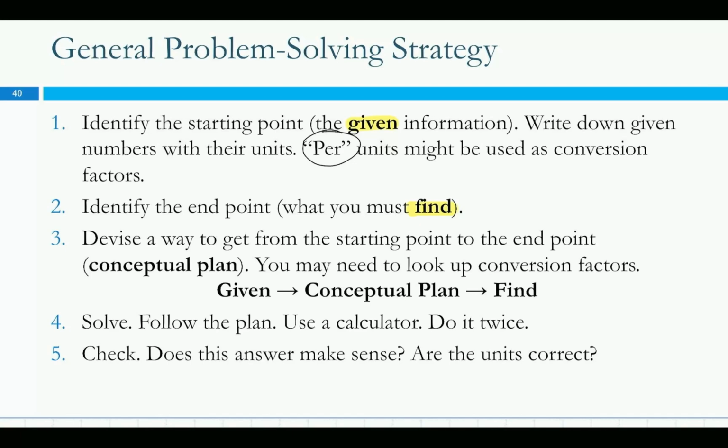This last one: does the answer make sense? If I'm asking you how many grams are in 1 liter of water, and you do the calculation wrong and tell me it's 1,000,000 grams in 1 liter, try to find things from everyday life. A 1 liter water bottle is about this big.